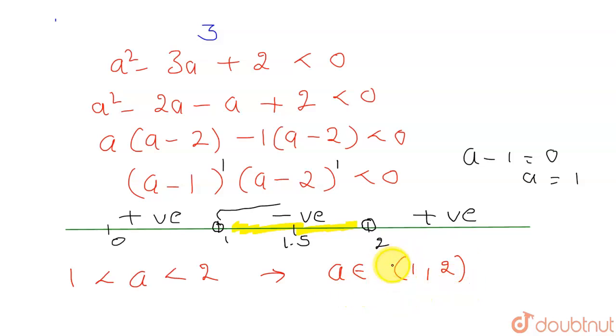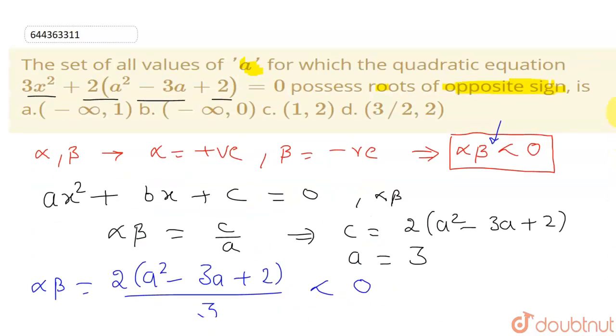Again, as 1 and 2 are not included, I am not putting the closed bracket. Because if I put 1 or 2 here, this will give me 0, which is not less than 0. So to satisfy this inequality, my answer will be that a should belong to 1 to 2. So this will be the required condition.